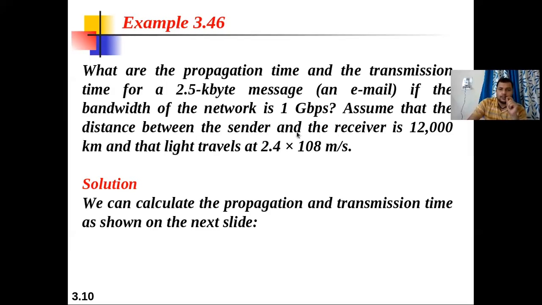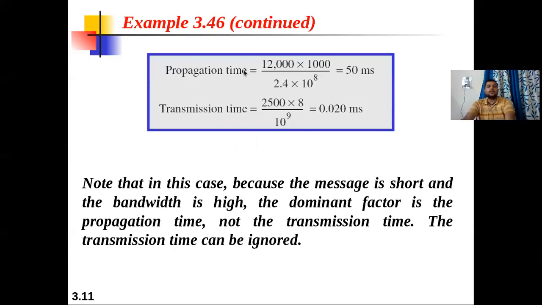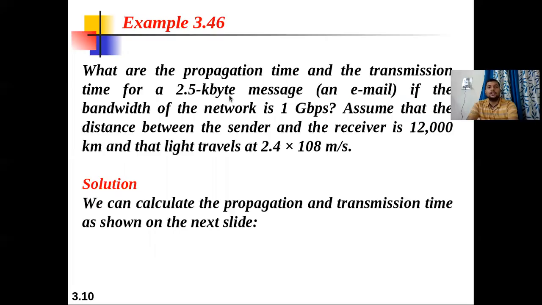Assume that the distance between the sender and receiver is 12,000 kilometers, and the light travels at 2.4 into 10 raised to the power 8. Now we'll calculate the propagation time. 12,000 kilometers, convert it into meters and divide by the speed, that is 50 milliseconds. What is the transmission time? The size of the packet is 2.5 kilobyte.